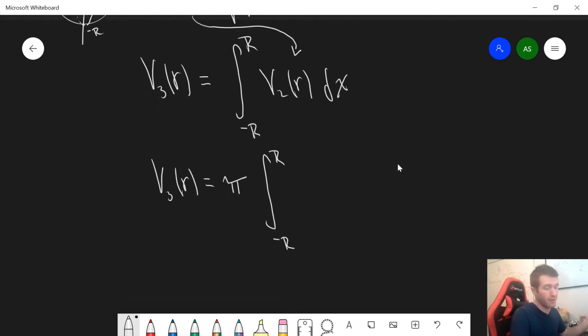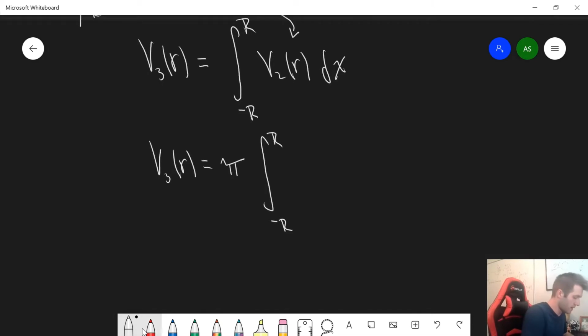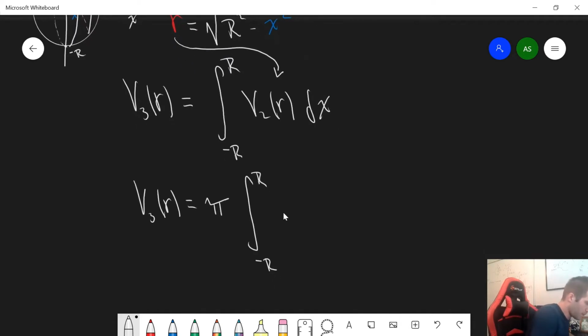And the square root is going to go away, so we'll cancel that out. So then we will have R squared minus x squared, parentheses, with respect to x.